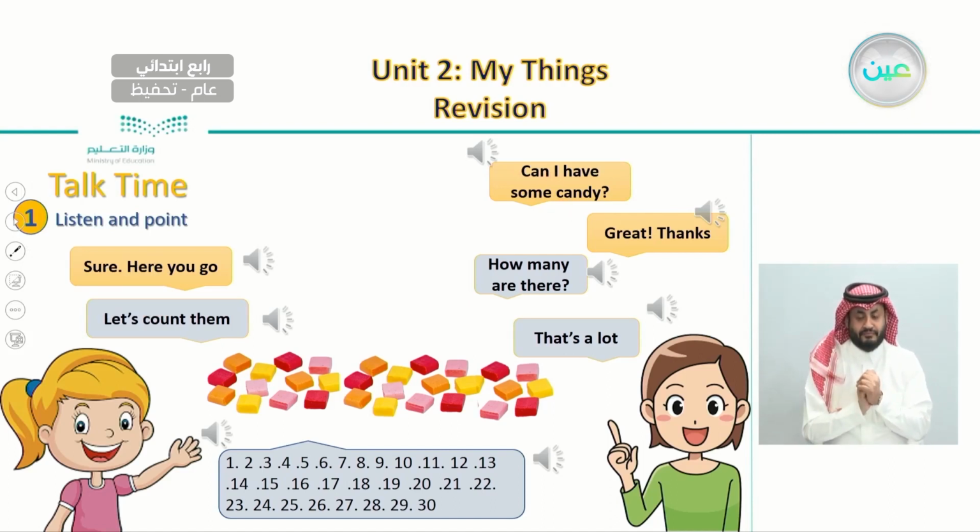And we said that if we want to take permission, if we want to have something, it is important and polite that we start our request or our question with, "Can I?" For example, "Can I use your pen?" Or "Can I have some candy?"